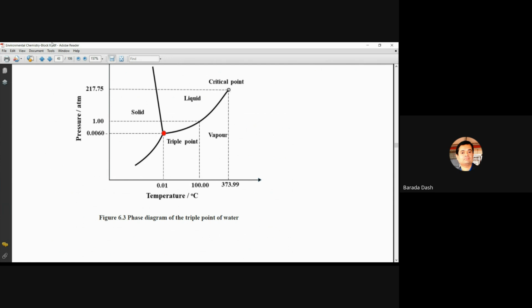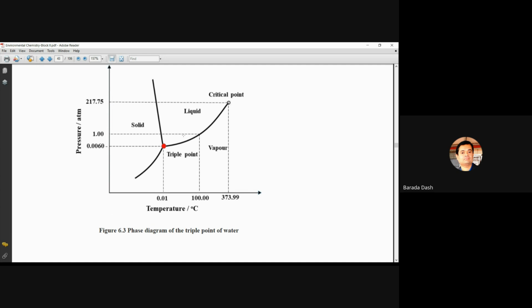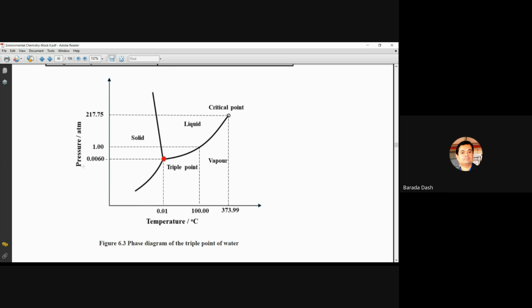And the triple point is at about 0.006 atmospheric pressure and a temperature of 0.01 degree centigrade. At this point, solid water, liquid water, and water vapor remain together. That is called the critical point.